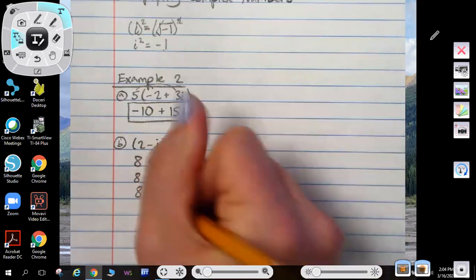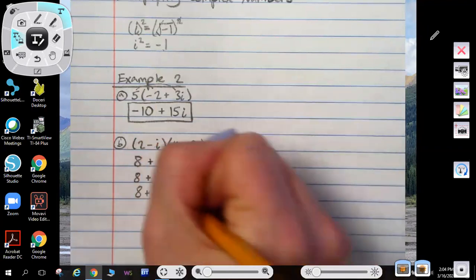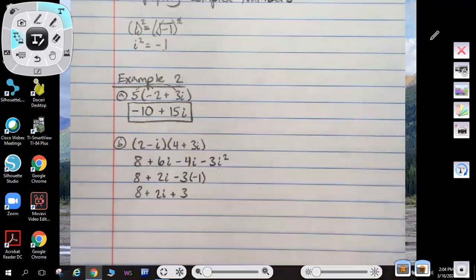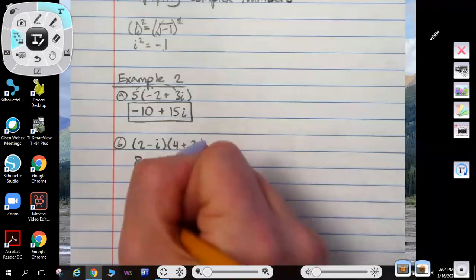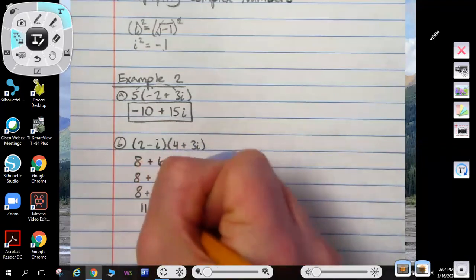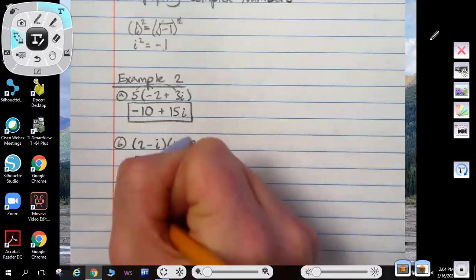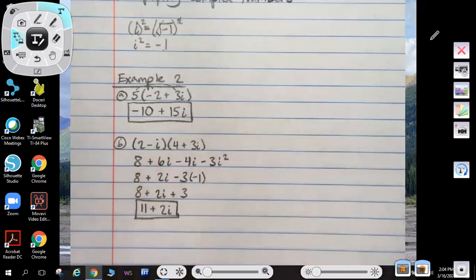So that gives us 8 plus 2i plus 3. And now we have more like terms that we can combine. 8 plus 3 gives us 11 plus 2i. That's our answer.